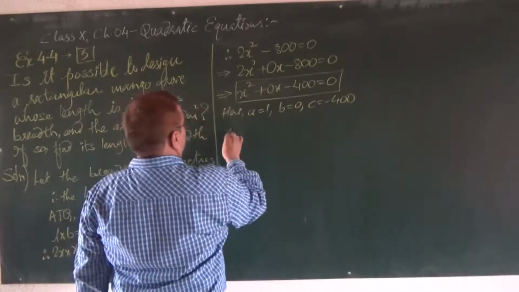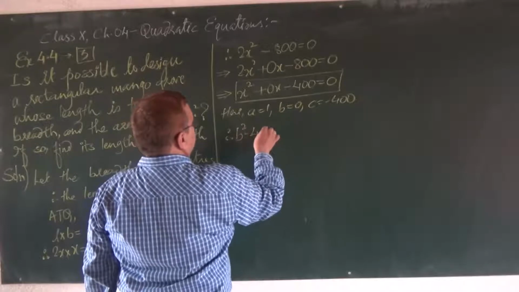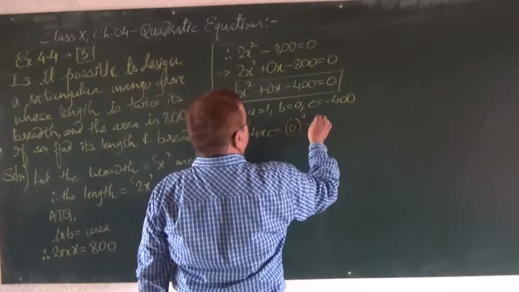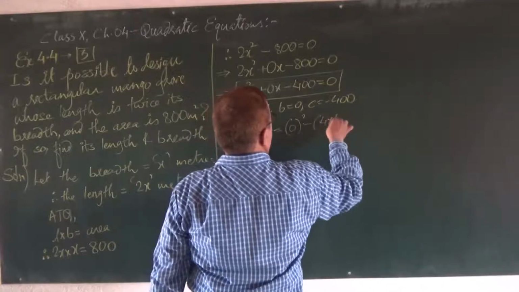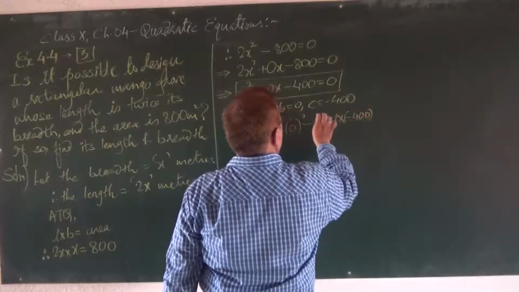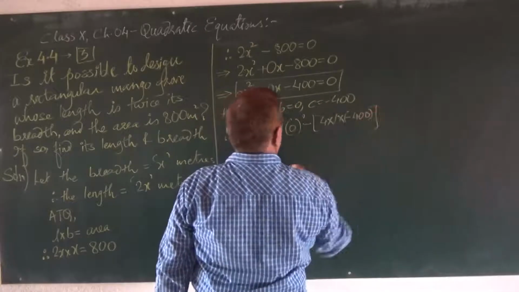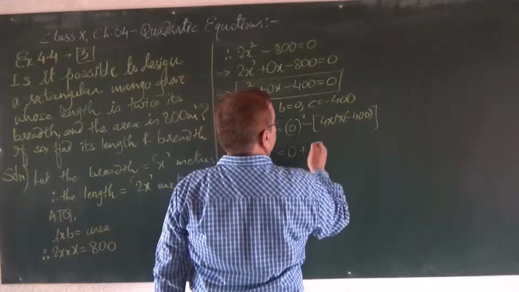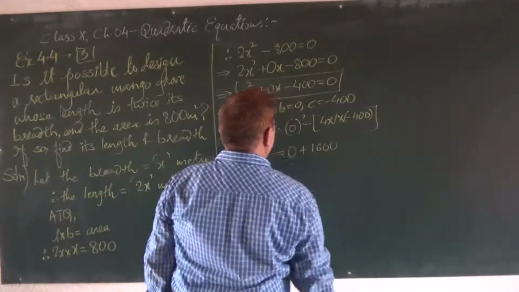Therefore b square minus 4ac: b is 0, so 0 square minus 4ac. a is 1 and c is minus 400. We use a big bracket. Minus into minus plus, 4 4s are 16. So we are getting 1600.